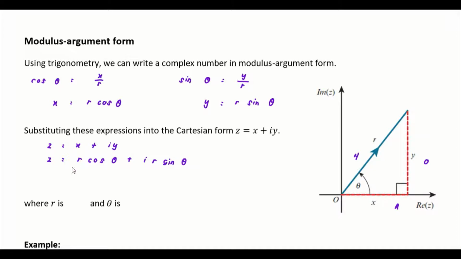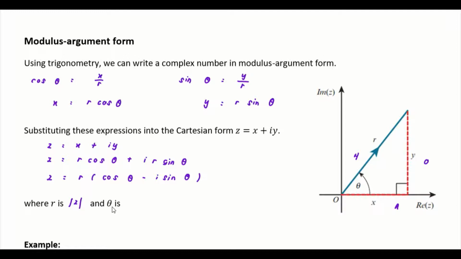Now we have r and r, so I can always write z equals r times cos theta plus i sine theta. This is what we call the modulus argument form, where r is basically our modulus, because this is the magnitude of the position vector.